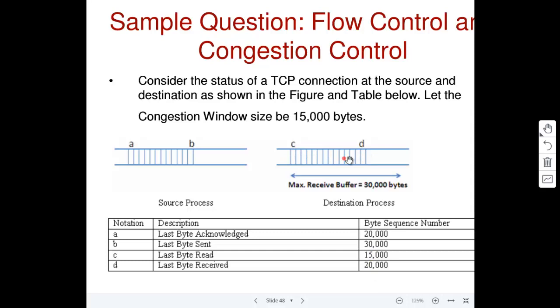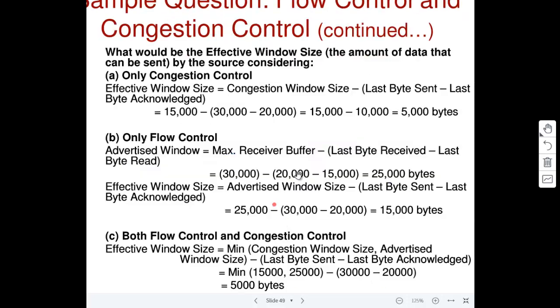So it has buffered 5,000 bytes of data in the buffer of space 30,000 bytes. So the receiver advertised window is going to be this maximum buffer space, 30,000 bytes, minus this 5,000 bytes of data that has been buffered. That 5,000 is calculated based on the last byte received minus last byte read. So the advertised window is 30,000 minus 5,000, which is 25,000.